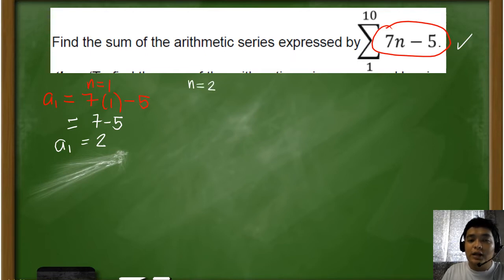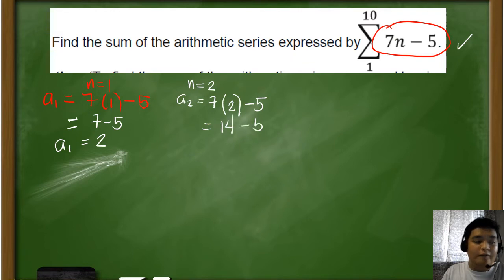That is a sub 2 equals 7 times 2, by substituting to our general term, minus 5. That is 14 minus 5, which is 9. So that is our a sub 2.